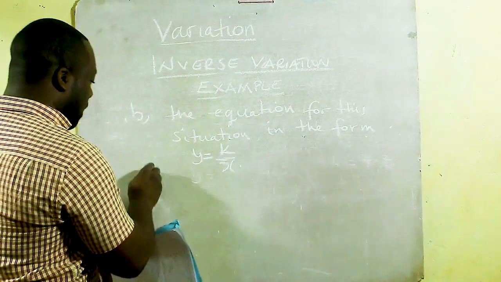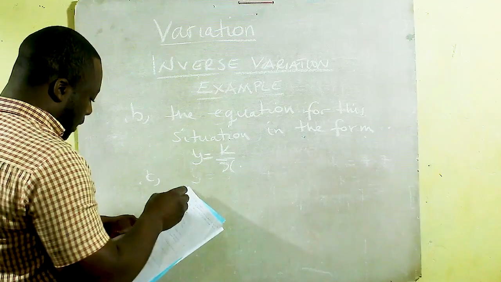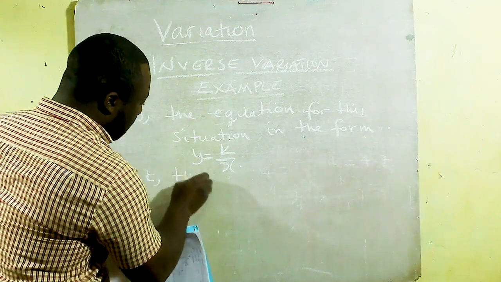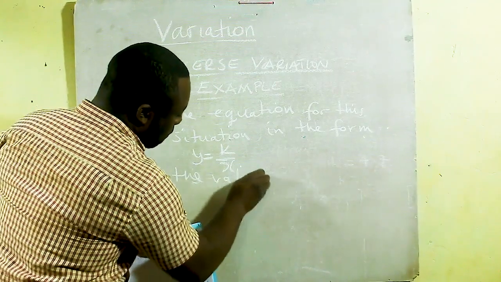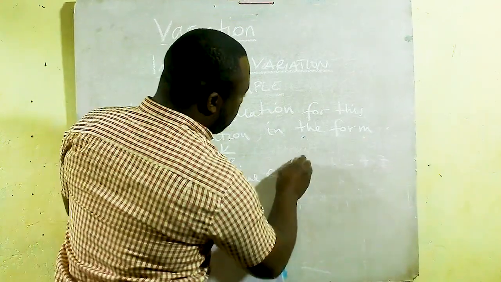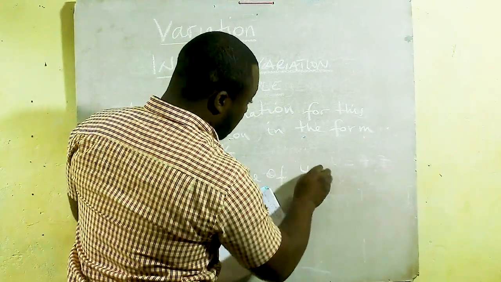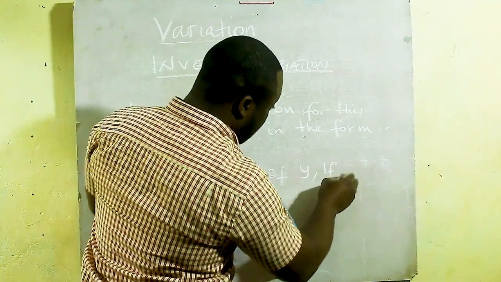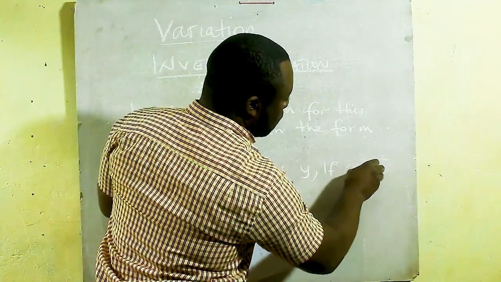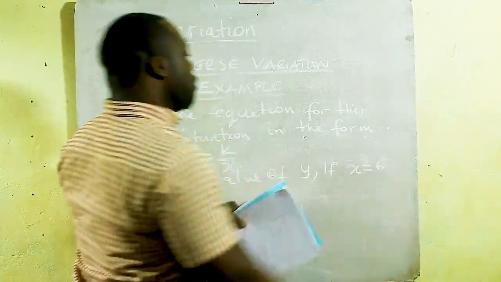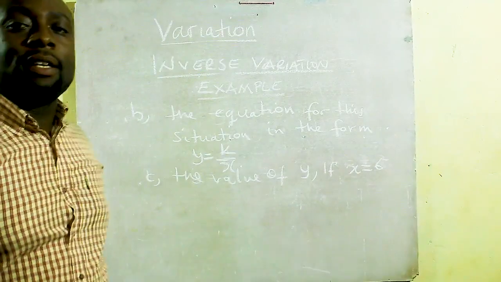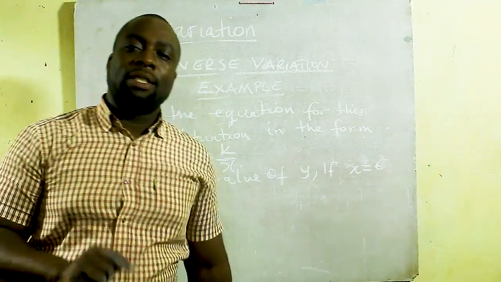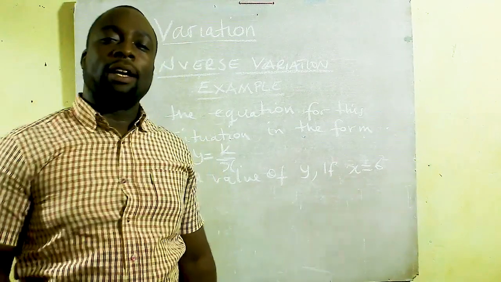That's all. And part C is the value of y if x is equal to 6. These are the 2 questions that I want you to attempt, and I want to see how you can think.